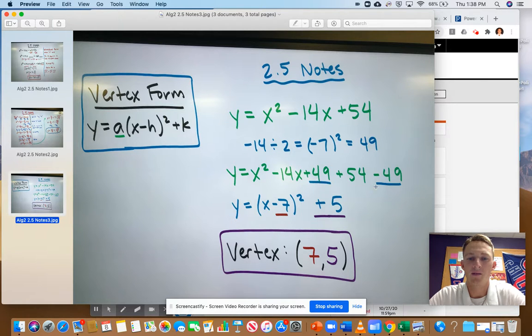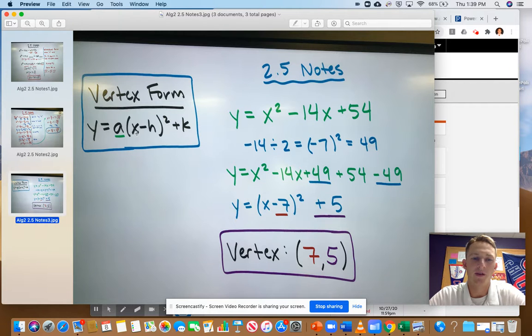Again, I think it helps to draw a little line after the negative 14x and after the 54. So looking at this x squared minus 14x plus 49, we can factor that into x minus 7 squared. We got that minus 7 from right here, from the half. And then 54 minus 49 was plus 5, so that's kind of on the outside right there.